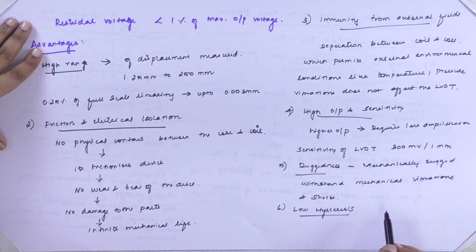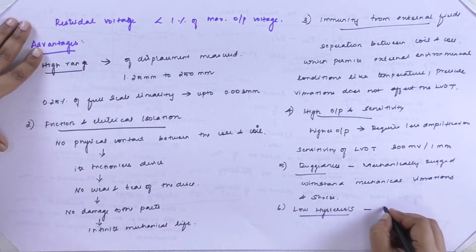The hysteresis effect is nothing but this: if we give an input to the device, we get an output. If we keep on increasing the input, we will get the output, but if we decrease the value of input, we will not get the same effect. So this hysteresis is low in case of LVDT.